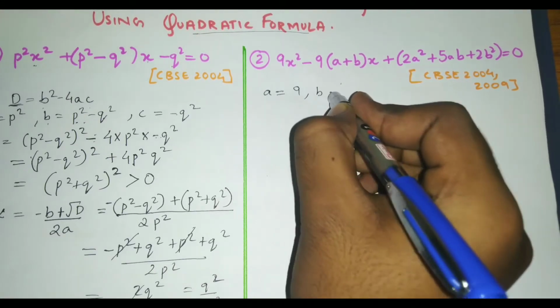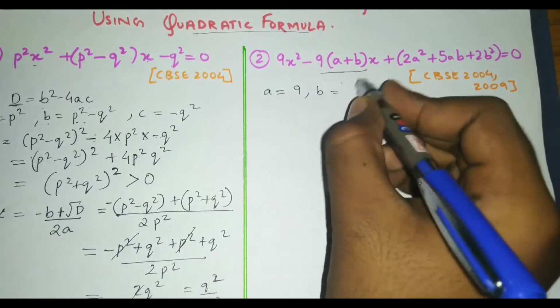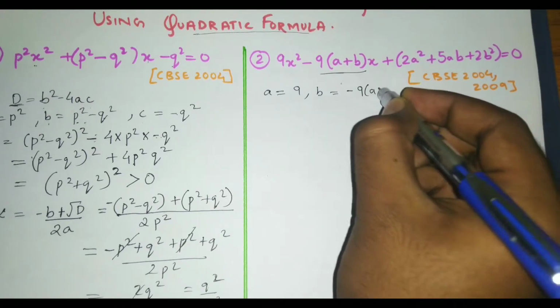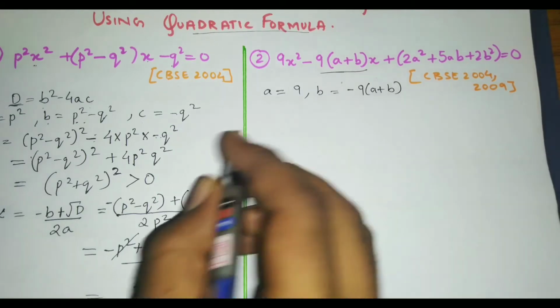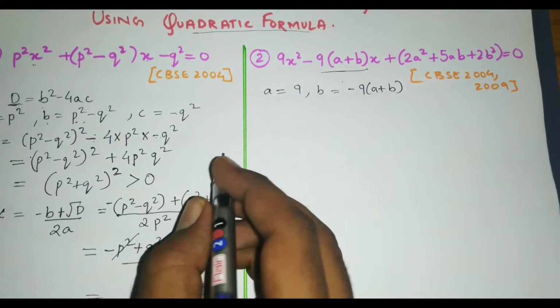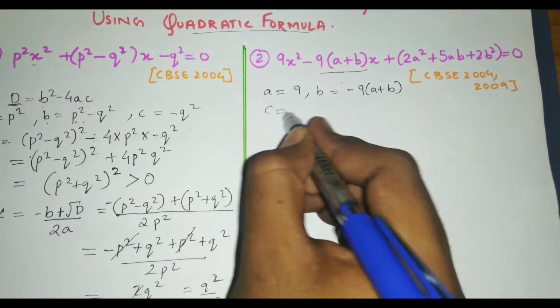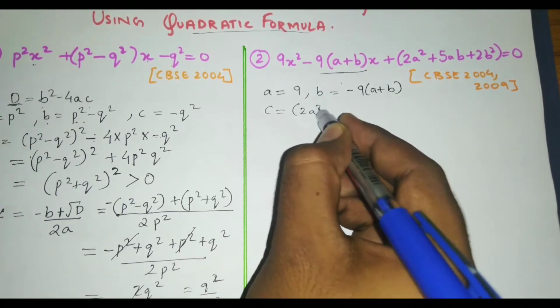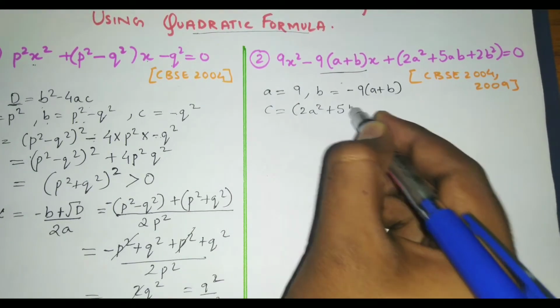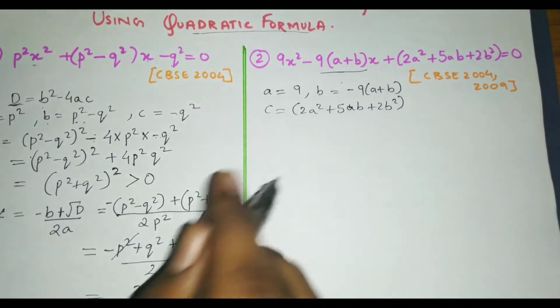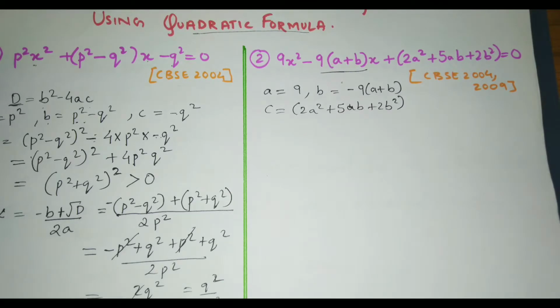B is the coefficient of x, that is minus 9a plus b. Now what about c? C is the constant term, 2a square plus 5ab plus 2b square. So these are the a, b, c terms.